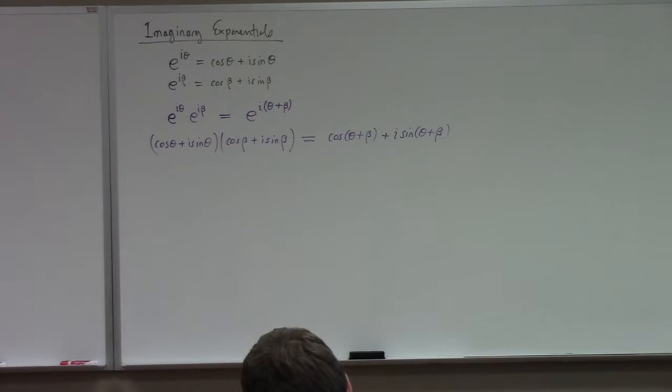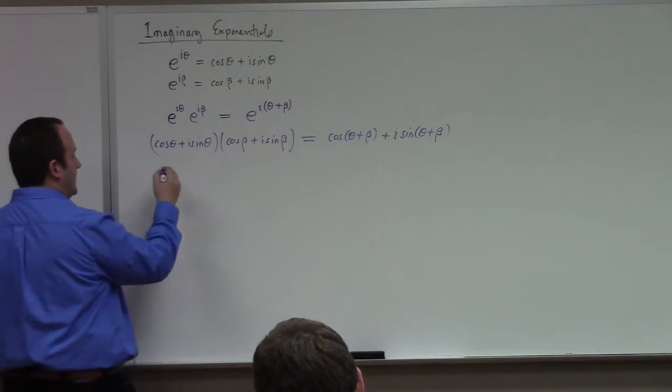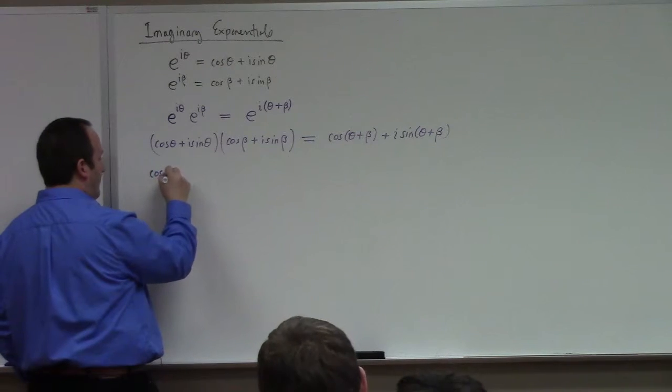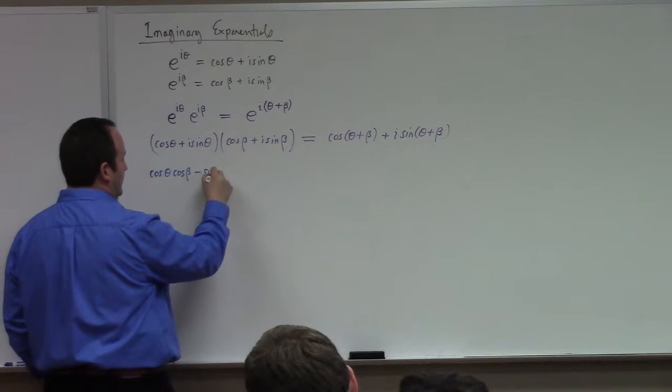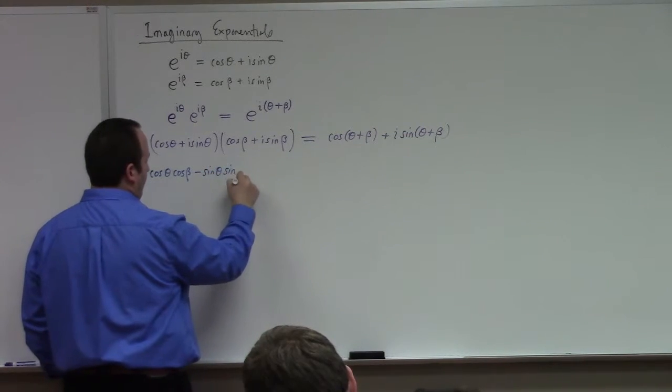What happens when you multiply out the left-hand side, taking care to notice that i squared is minus 1? We get cosine theta cosine beta. i squared gives me minus sine theta sine beta, right?